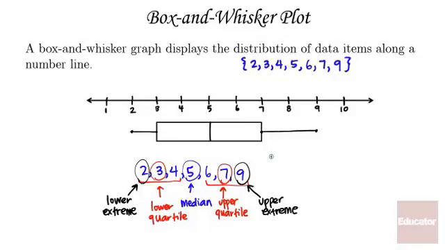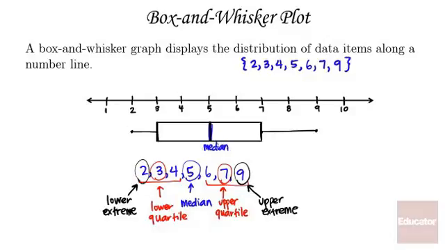So the box right here, these 3 lines in the box, represent your 3 medians. This right here, which is 5, is your median of the data.